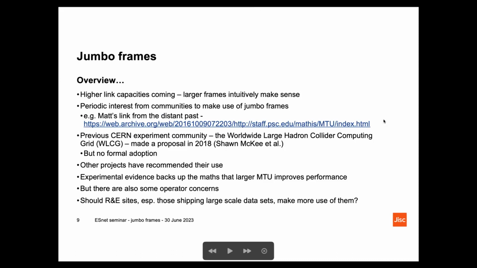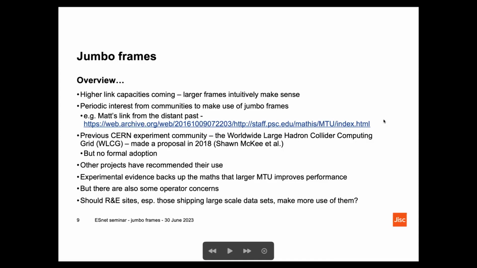In the discussion leading up to this, where Jason threw out the discussion a little wider, Matt sent a pointer to an archive of his former site, and there's a lot of good stuff on there from a few years ago. You're probably mostly familiar with the WLCG, the Worldwide LHC Computing Grid, quite a mouthful.